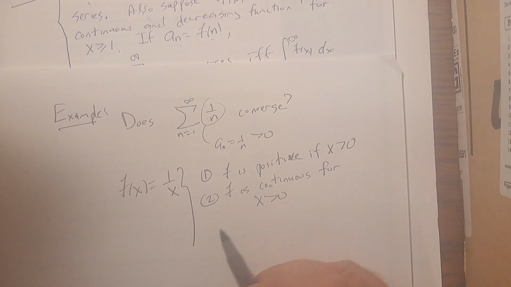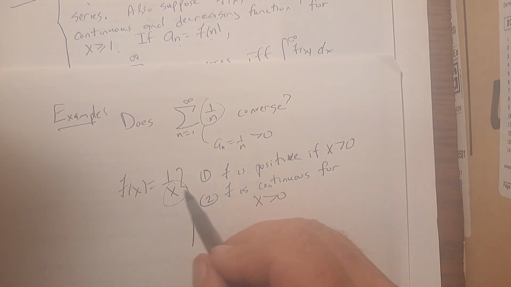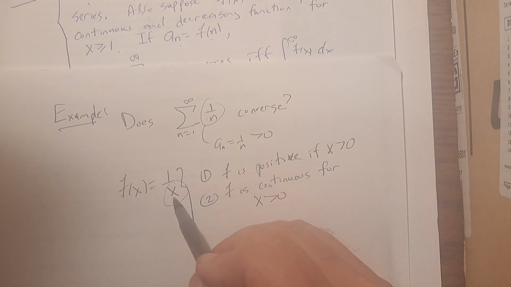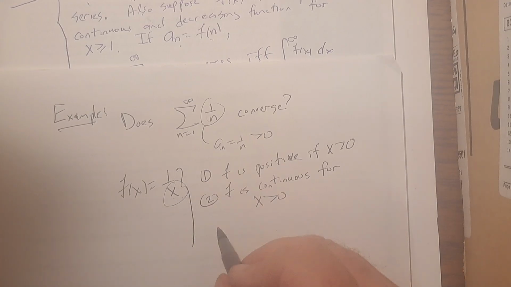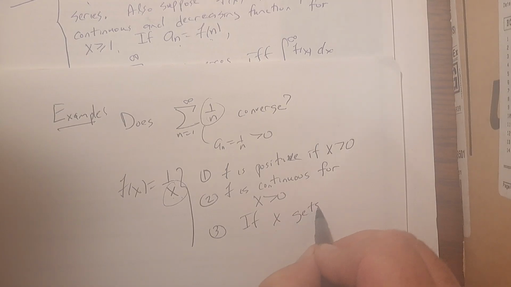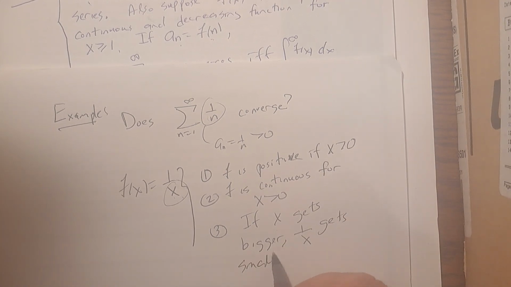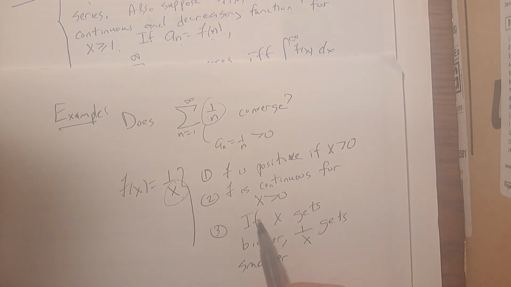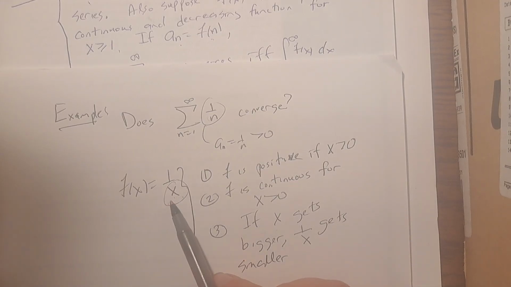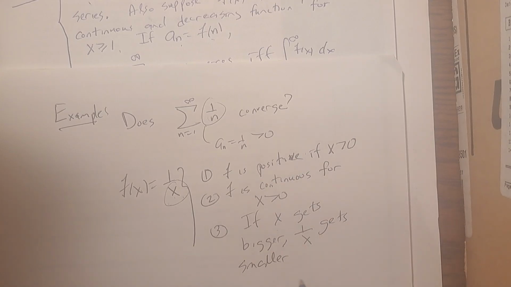Okay, and then there's the decreasing part. Well, this is 1 over x, so when the x gets bigger, 1 over x gets smaller. And again, we're going to stay away from 0 because it doesn't exist at 0, and negative numbers, because we have to throw the negative numbers out already anyway.